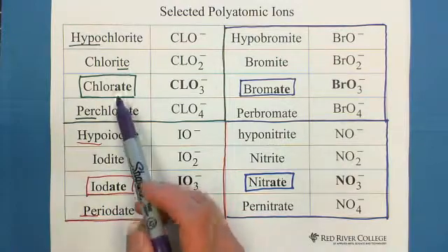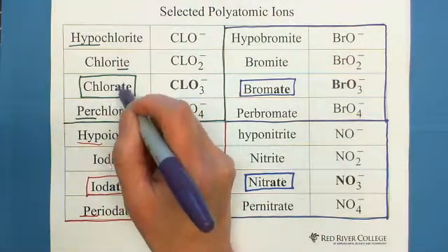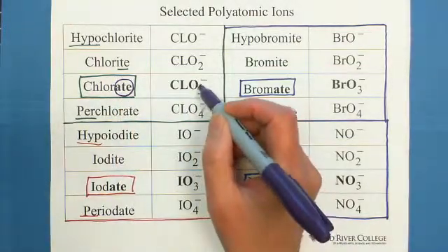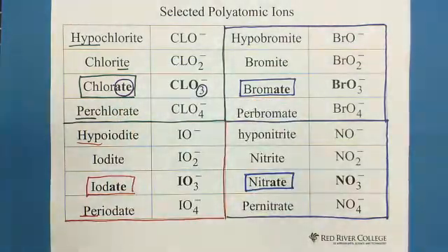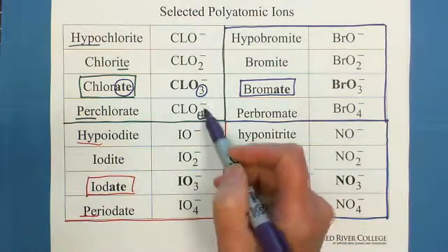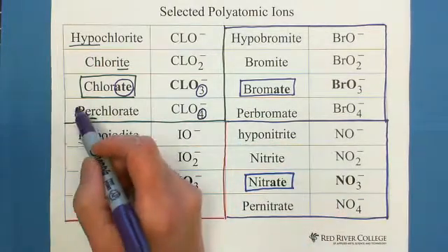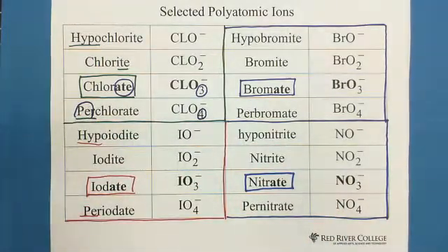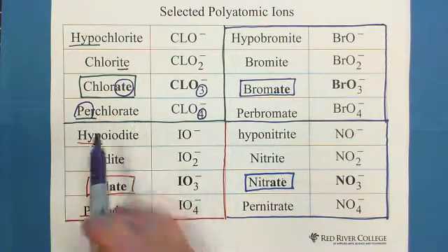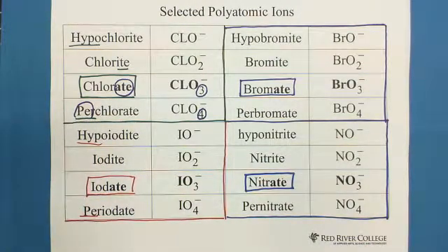The ATE ending goes with 3 oxygens. One more oxygen, 4 oxygens, gives perchlorate, still ATE but with the prefix per.